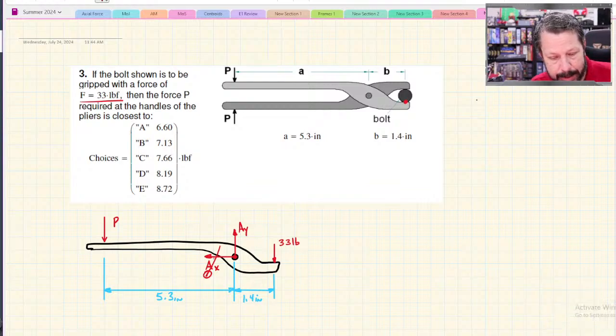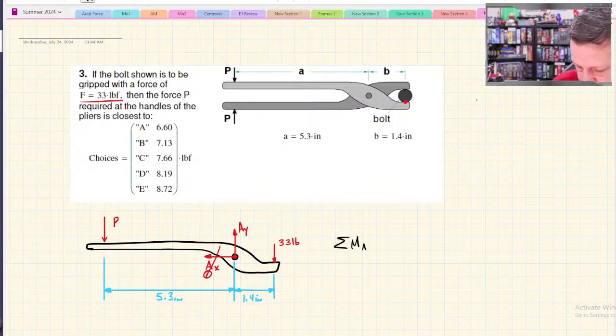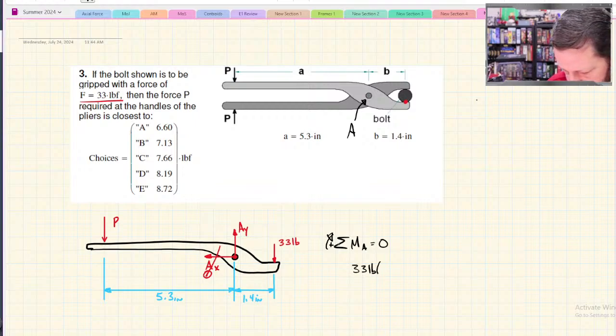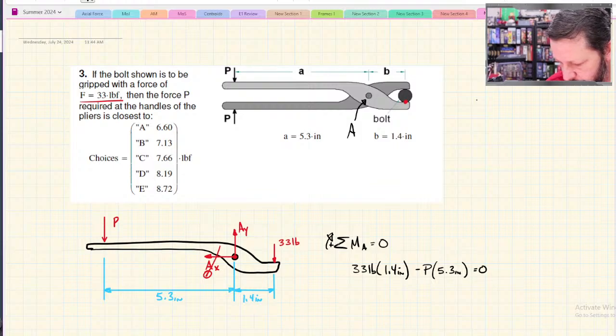The problem's asking me about P. So if I do summation of moments about point A, which is the pin, I would get 33 pounds times 1.4 inches minus P times 5.3 inches equals 0.